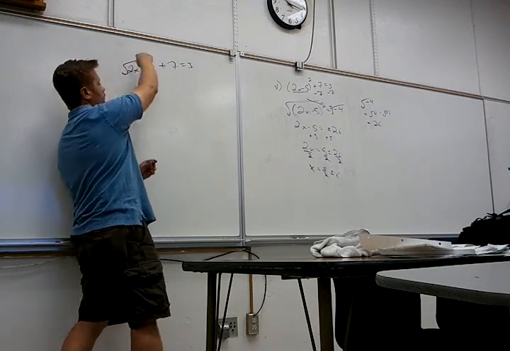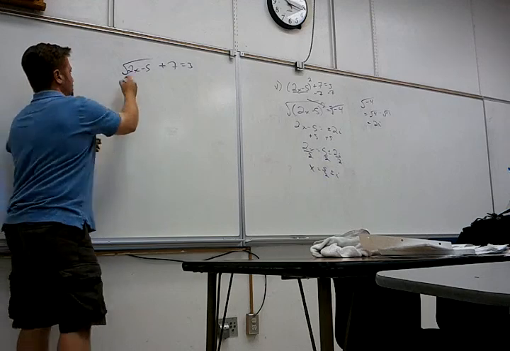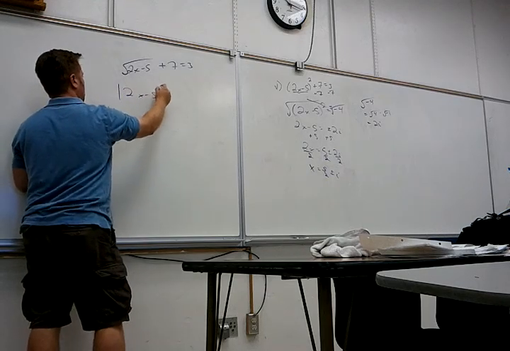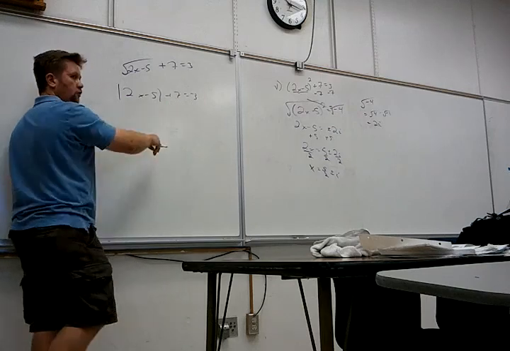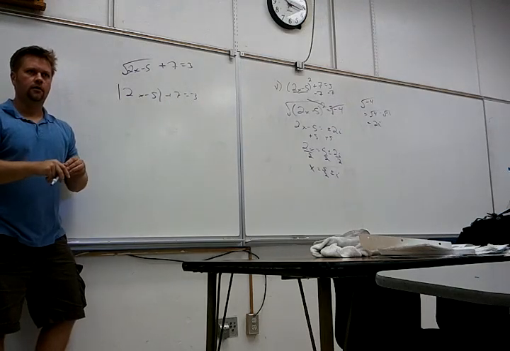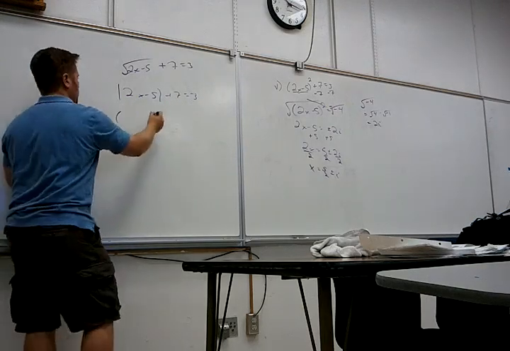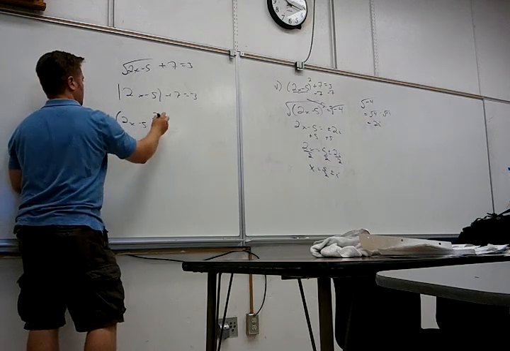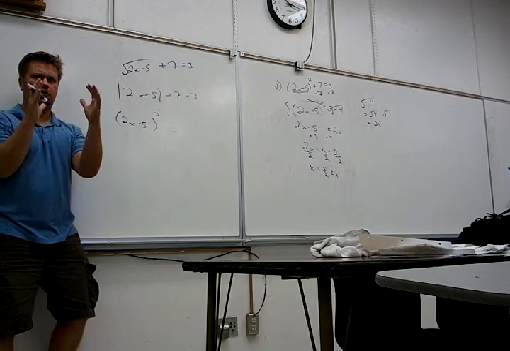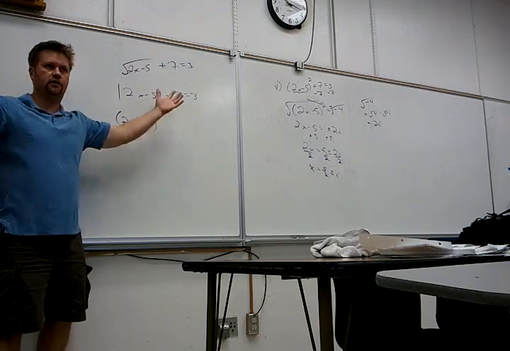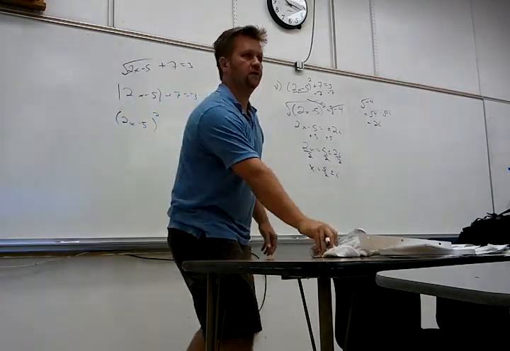Subtract the 7, kill the square root. If I had the absolute value of 2x minus 5, well, the first step would be subtract the 7, and then set up your two cases, right? So here we just have another way to have the x stuck in a square instead of a square root or an absolute value. It's just all these ways of having the x stuck. I want to get it unstuck. Same stupid idea, right?